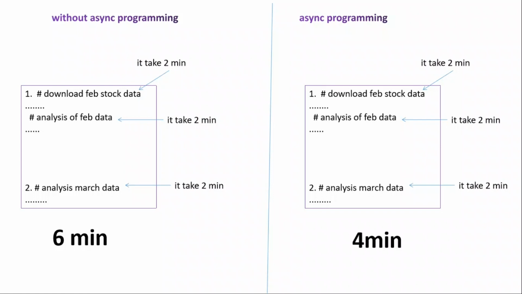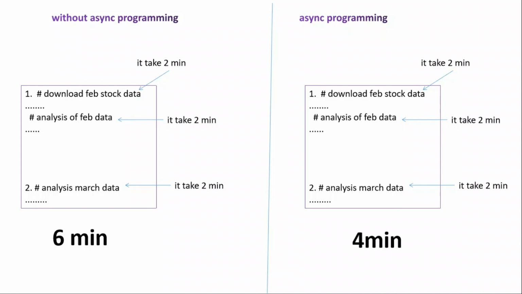After getting the data, you analyze it, right? And the March data you already have, and you analyze this data also. So if you run this whole program, it will take around six minutes, right?